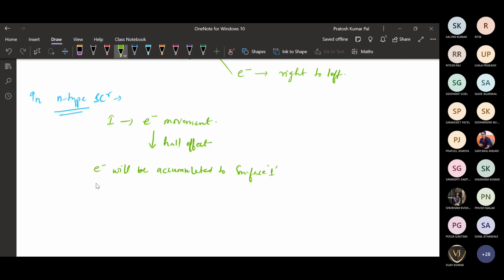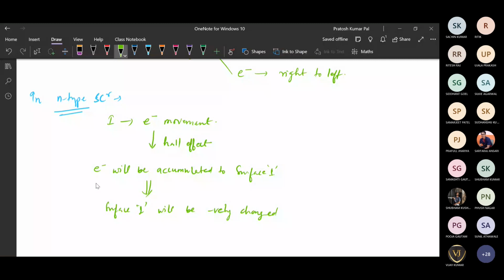Electron movement constitutes the current in an n-type semiconductor. Basically the majority charge carriers are electrons in an n-type semiconductor. So because of the Hall effect, electrons will be accumulated at surface 1, so surface 1 will be negatively charged.